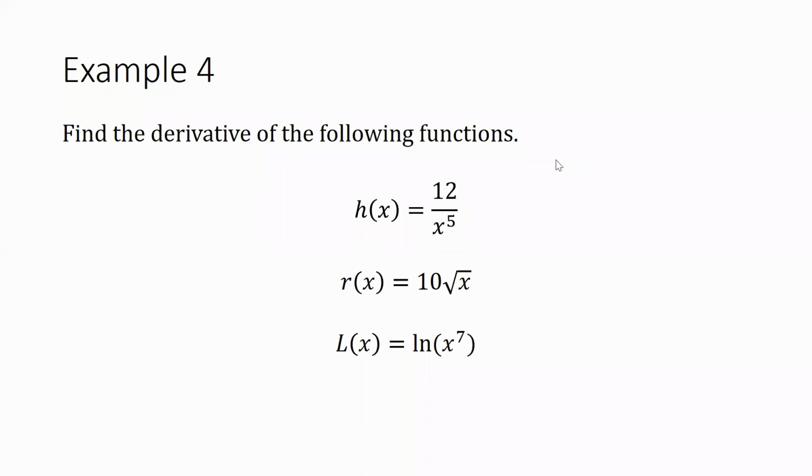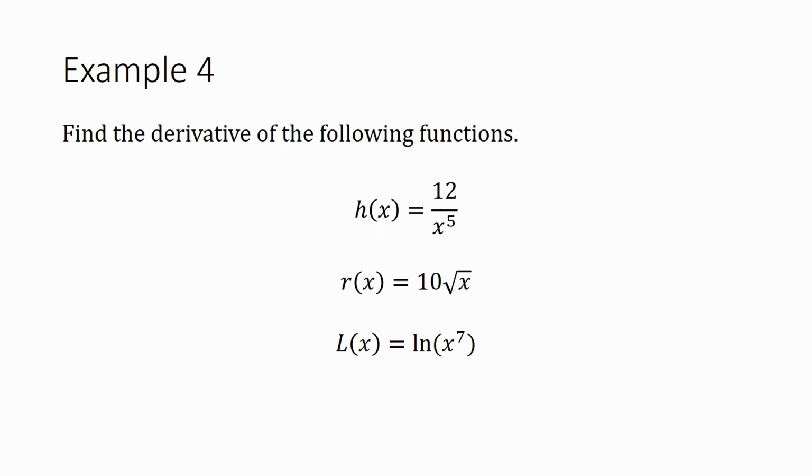Let's look at some other functions that we may not think fit the rules that we've seen, but actually do fit if I'm willing to rewrite them. This is another common thing.